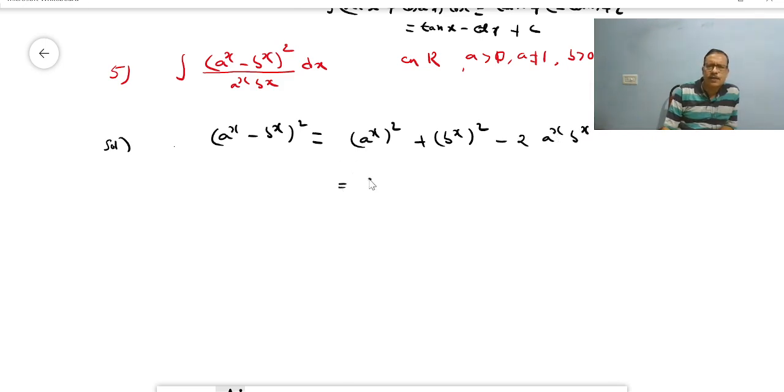So this is equal to a to the power of 2x plus b to the power of 2x minus 2 into a power x into b power x.